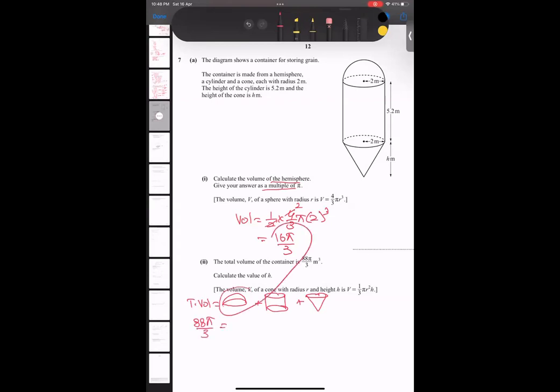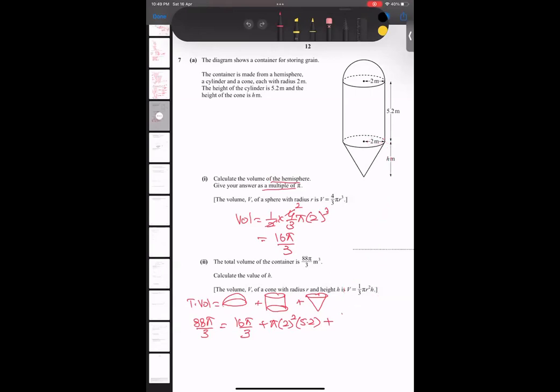Hemisphere volume I just got now is 16 pi over 3. Cylinder volume is not hard, pi r square times h. We know in the formula, pi r square, r is radius, h is 5.2, and plus, and what is the volume of the cone? Formula is given, so height and radius.